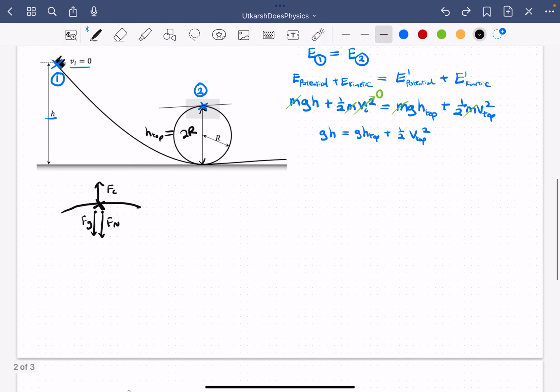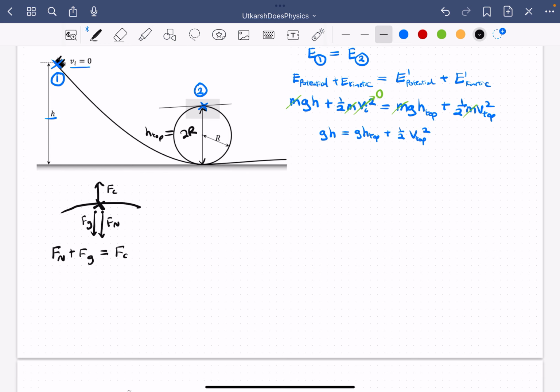So just writing all the forces in the y direction, what we get is that the normal force plus the force of gravity is equal to the centripetal force.